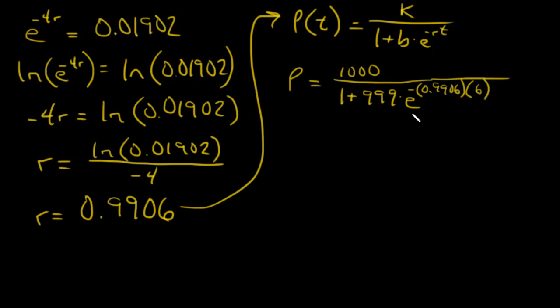I can just put all that into a calculator, and I'll wind up with the population at t equals 6 equal to approximately, that's a weird approximate, 276 students. So if there were 50 on day 4, on day 6 you'd see about 276.